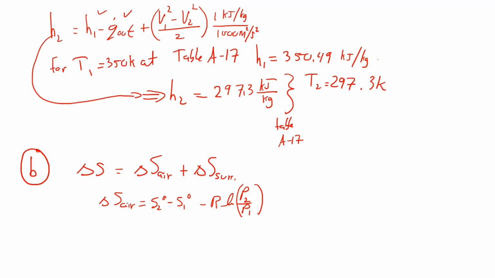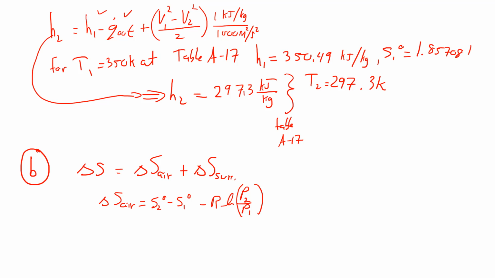So you can go back to your ideal gas tables, right? So you turn back to table A17 in your book, and then once you get there, you find for a temperature of 350 Kelvin, you would find that the temperature-based entropy, the S naught, would be 1.85708.